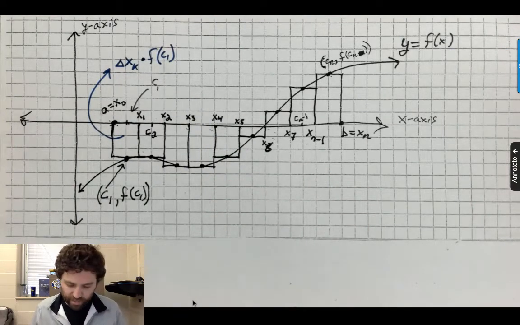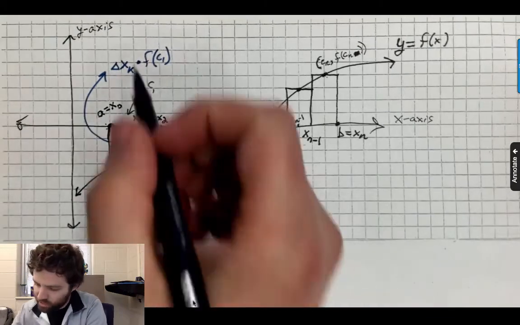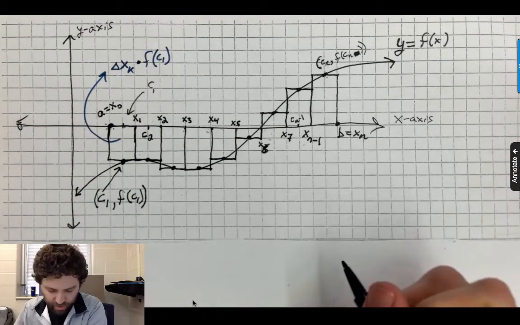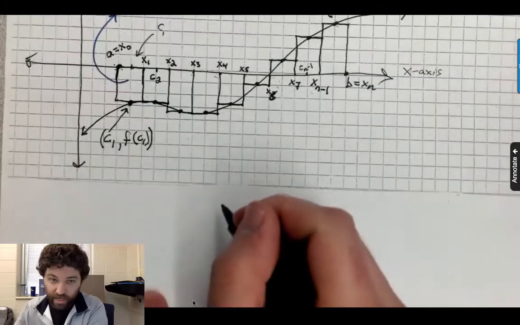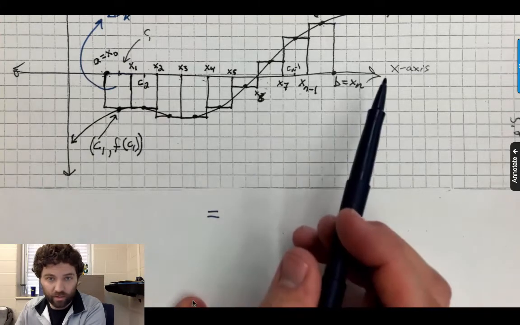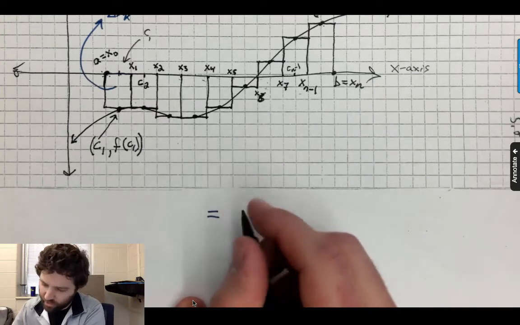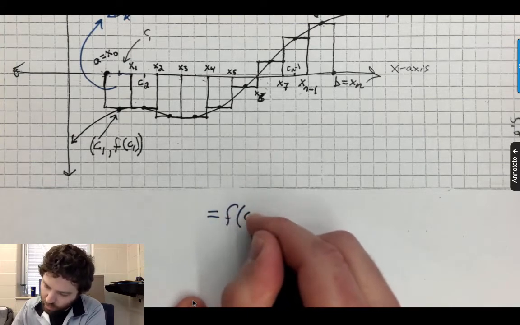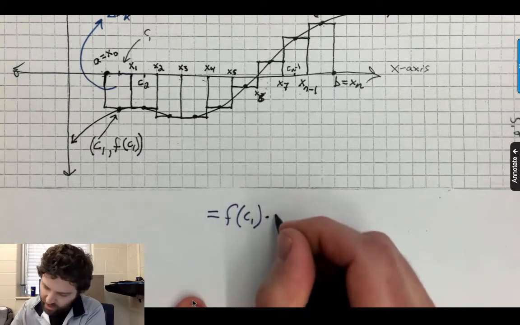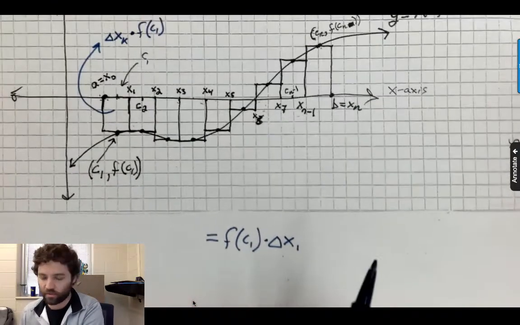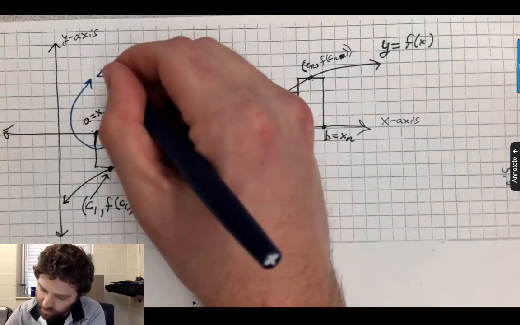All right, so let's write that down. In fact, you know what? Well, that'll be okay. So I'm going to leave myself some space, and down below here, I'm going to write the sum of all of these rectangles, okay? So the first rectangle is going to be f of c sub 1 times delta x sub 1, because that's just the change in x at the first rectangle, and that's why I hesitated a little bit earlier.